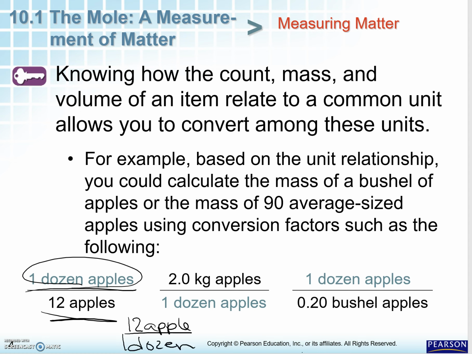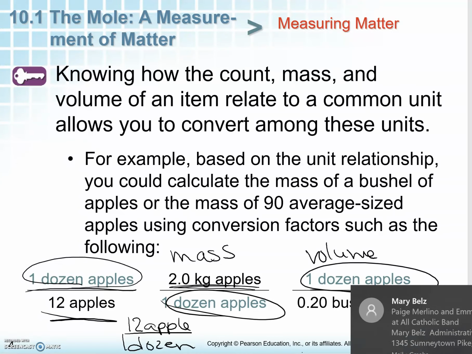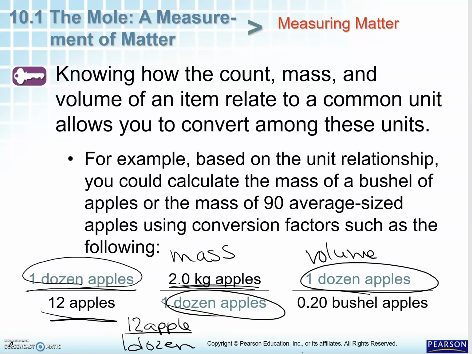You could also do it by mass, and that is our second example here. You have your 2 kilograms of apples over 1 dozen apples, or you could do it by volume. Notice here how you can put your dozen of apples in any location. You can put your other mass unit on the top or the bottom. It all is based on what answer you're trying to find in the next section.